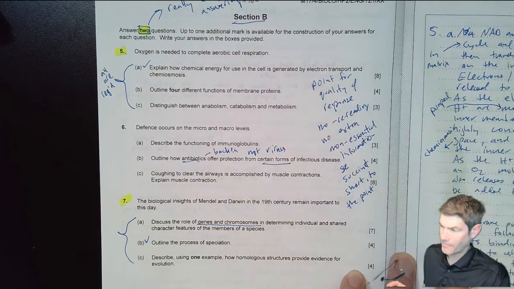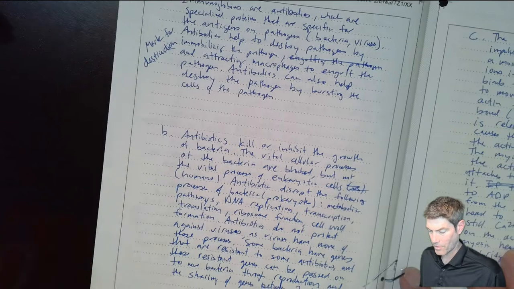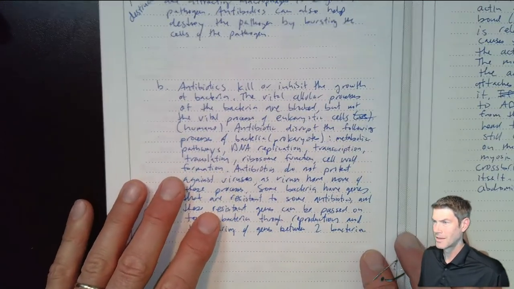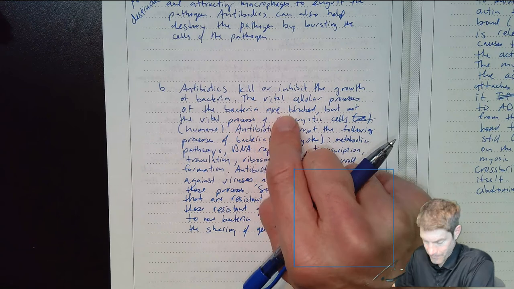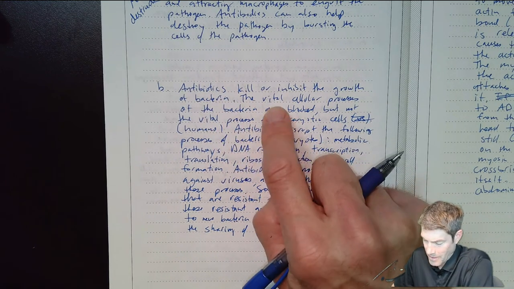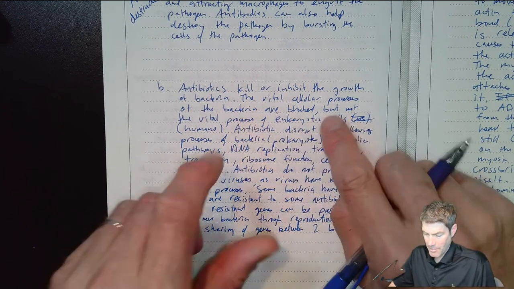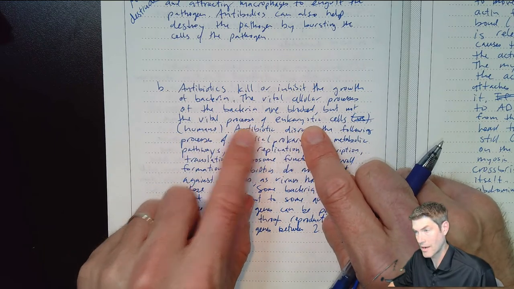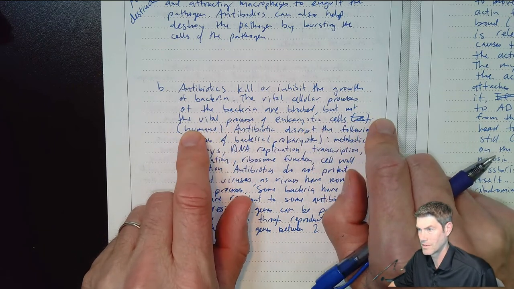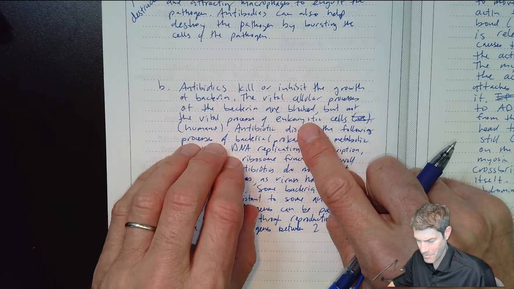So you always want to add that if you have a question about antibiotics, probably. So they kill or inhibit the growth of bacteria. Said that right away. The vital cellular processes of the bacteria are blocked, but not the vital processes of the eukaryotic cell, which is us, which I then said humans. So be more specific.